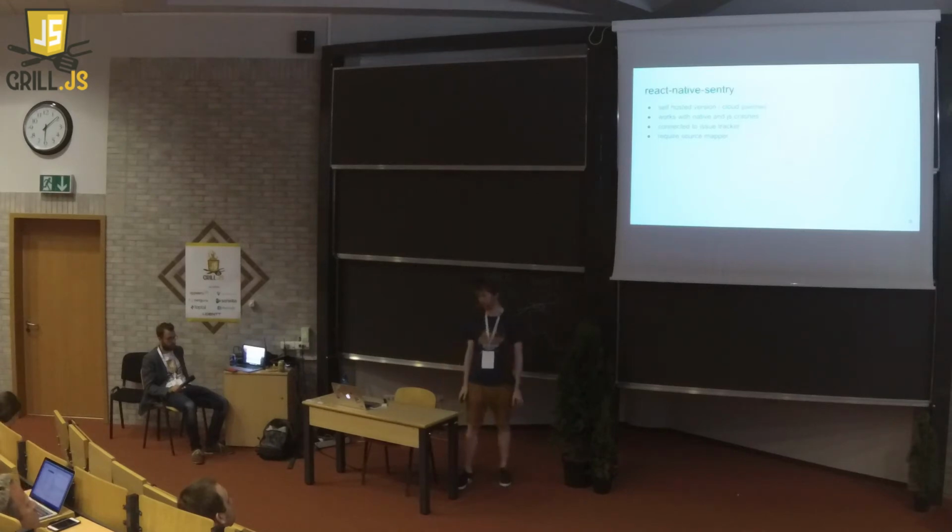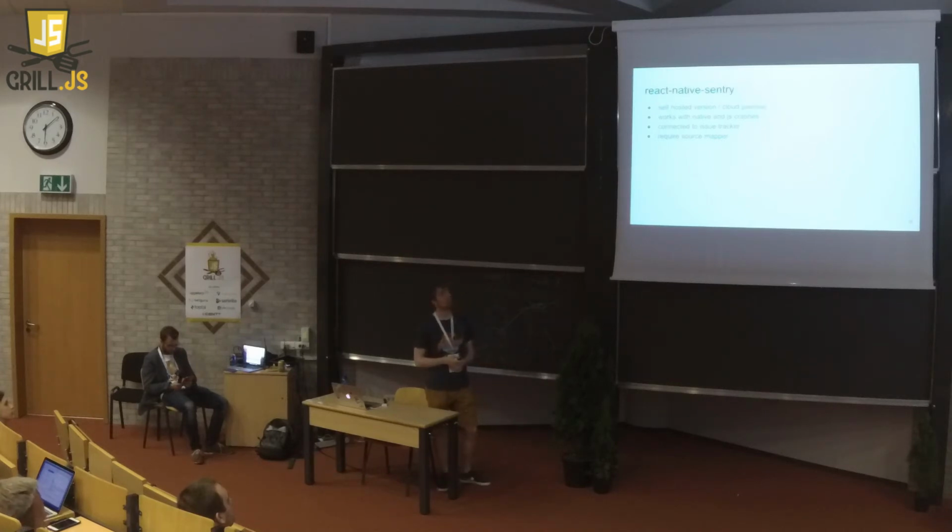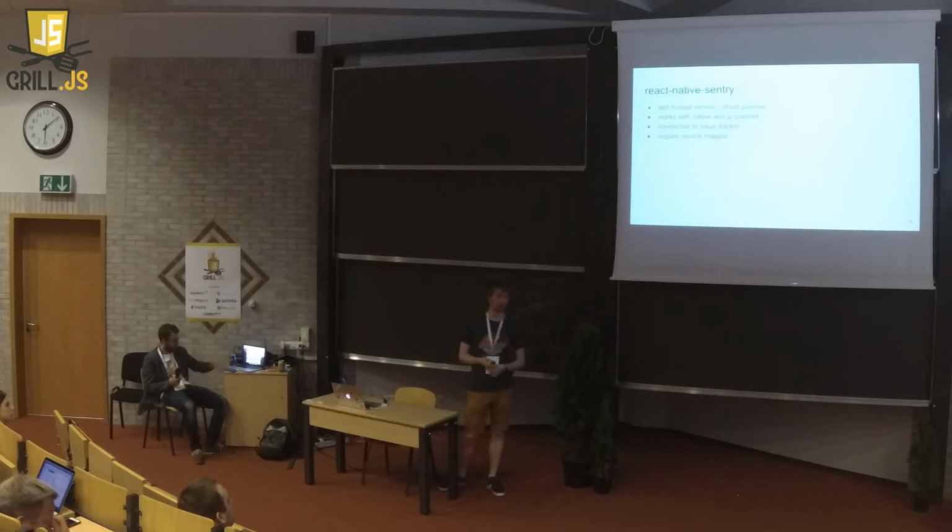Sentry, once again, is self-hosted. It's an open source project. You can deploy it on your own, or you can use the cloud solution. It's free up to a given level of users. And if that's fine for you, you have it for free. If not, you have to pay for it.